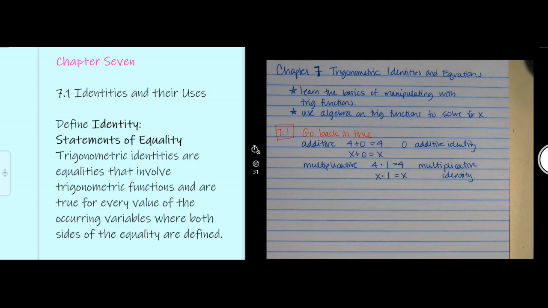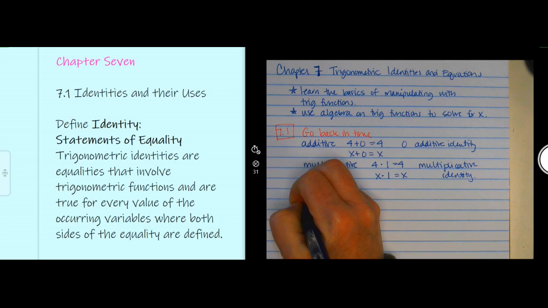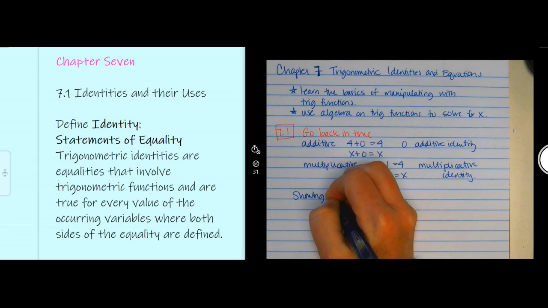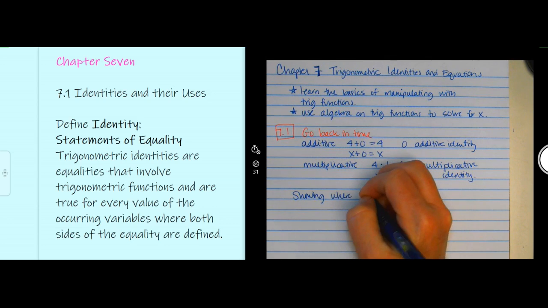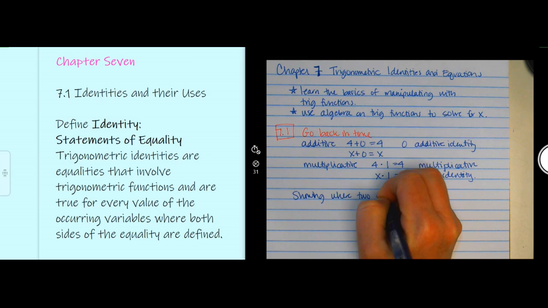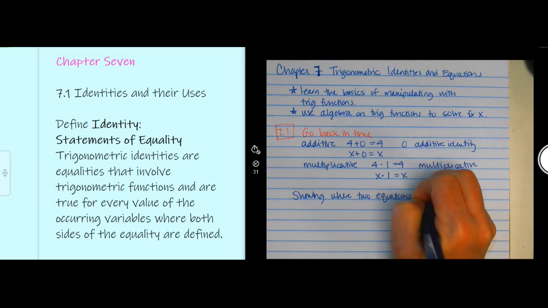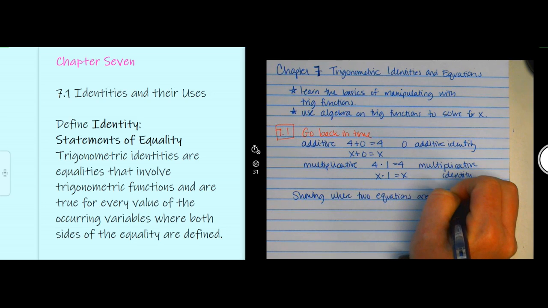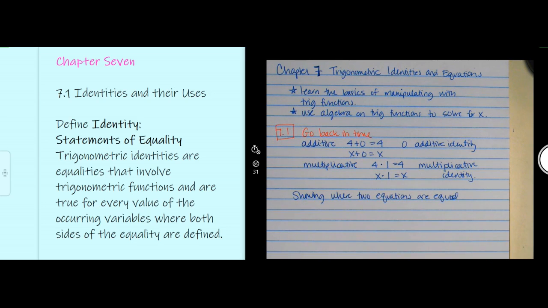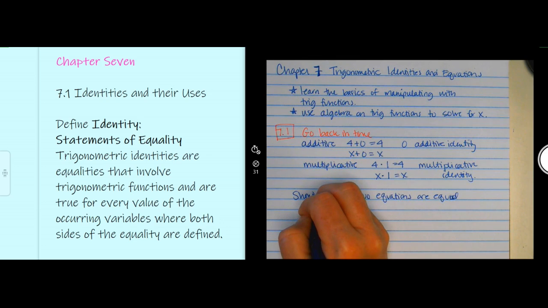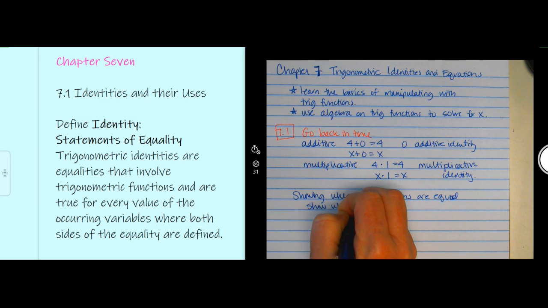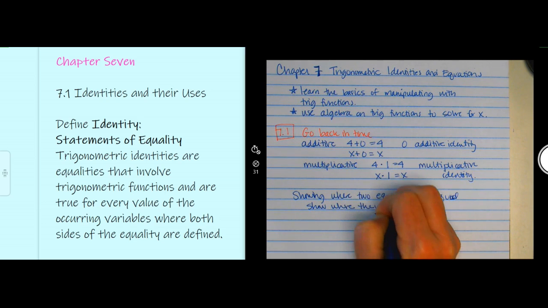And so I want to start with graphing these identities so you can see what I mean. So if you graph two equations, if you show where two equations are equal, you're going to show where they intersect.